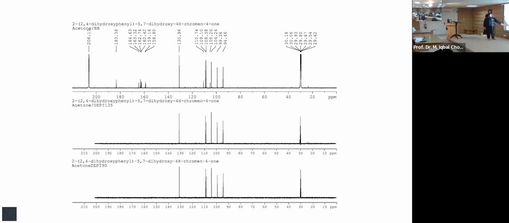Okay, and in DEPT 135, we have CH2 downward and CH3 upward, right? And CH is also there. So all carbons that have protons. So downward is CH2, up are CH3 and CH in DEPT 135.